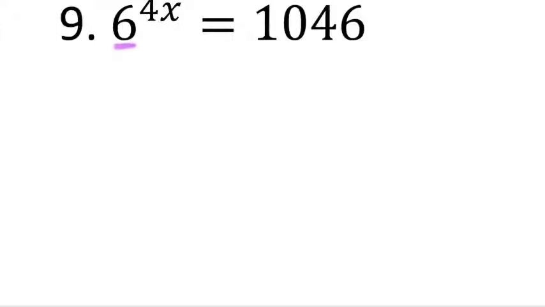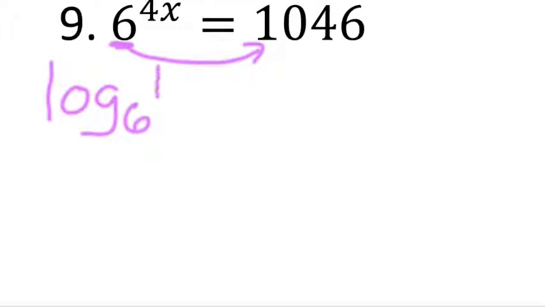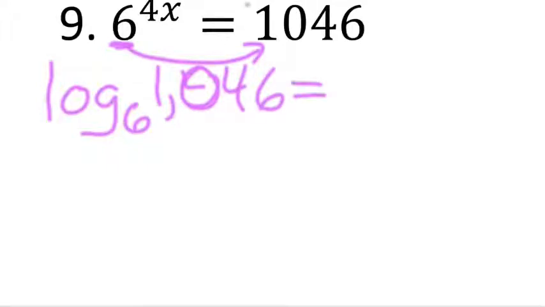So the base of our exponent is 6. What it's equal to is that 1046. So we have log base 6 of 1046, and we're going to make it equal to the exponent, just like we were doing, which is 4x.